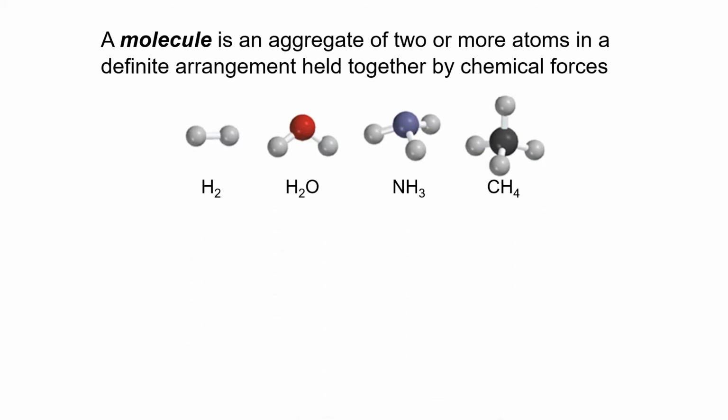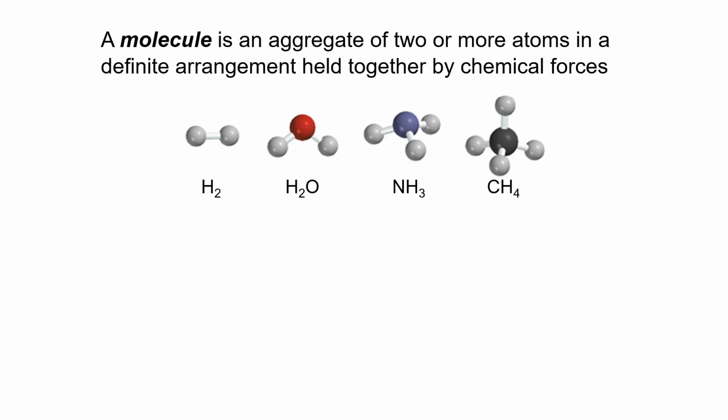Here we go. Examples. H2. So there are a number of elements that exist as diatomic molecules. They may be homodiatomic, which is the case of H2.